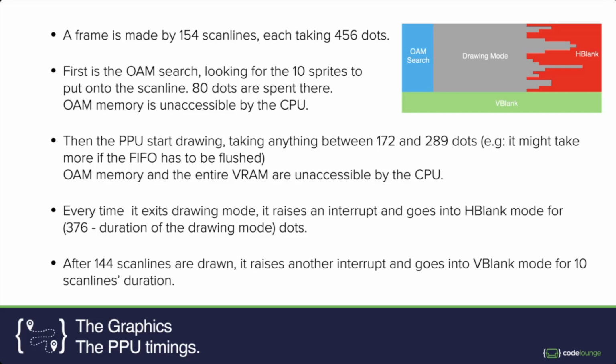Once you reach the 144th line, the PPU will kindly provide an interrupt, and then the CPU knows that it can do whatever it wants for a fixed amount of time. And calculating how much time it will take is not really that simple.